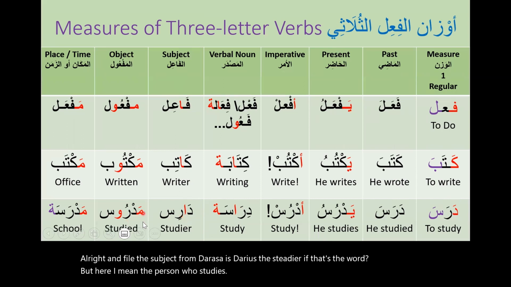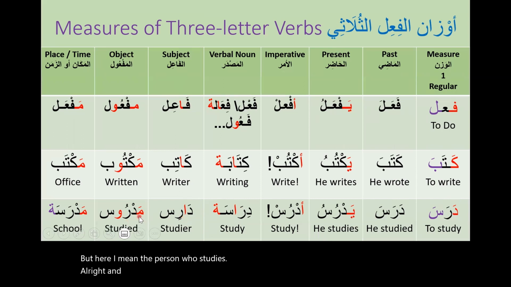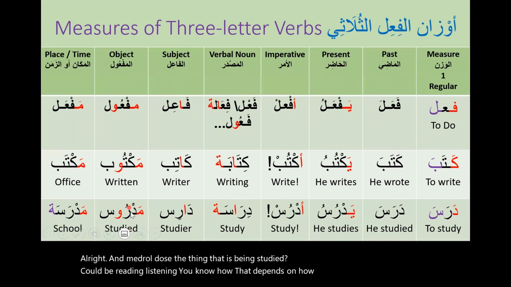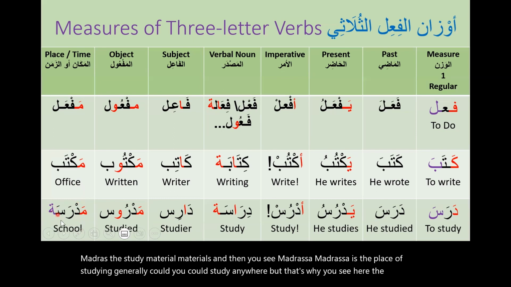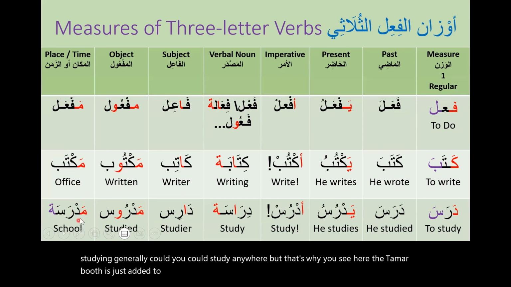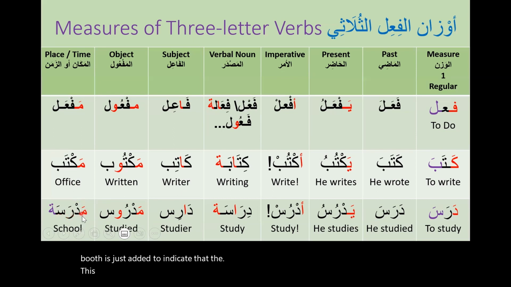And madrus, the thing that is being studied, could be reading, listening, depending on how you study. So that's madrus, the studied materials. And then you see madrasa. Madrasa is the place of studying. Generally, you could study anywhere, but you see here the ta marbuta is just added to indicate that this name is feminine.